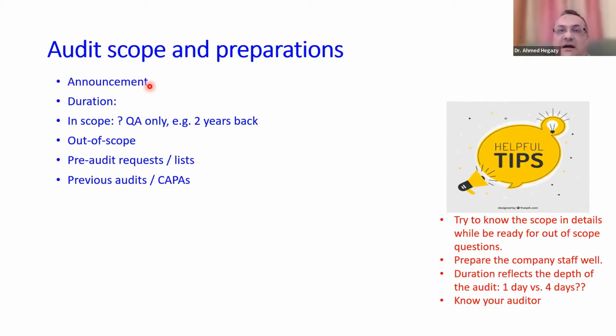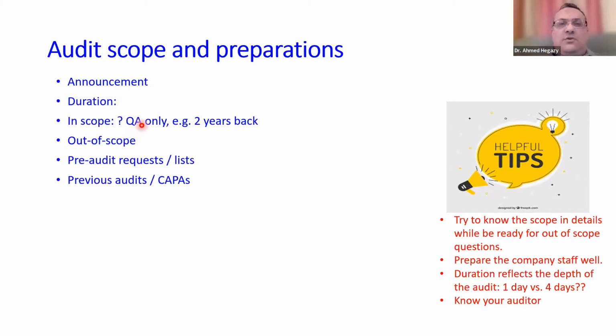So once they announce it, and they are telling me that we'll have an audit, I will ask some questions if they didn't say it. Usually they say the audit duration. It could be 1 day, half a day, or 3 or 4 days. And then I will ask about the scope of the audit. What is in scope and what is out of scope?